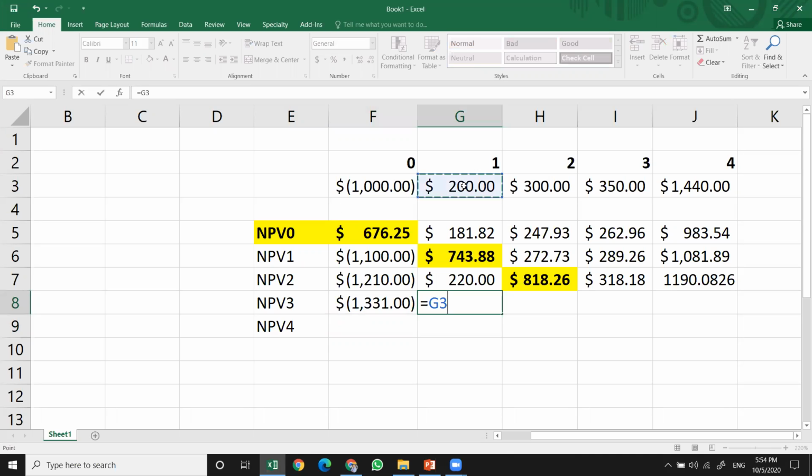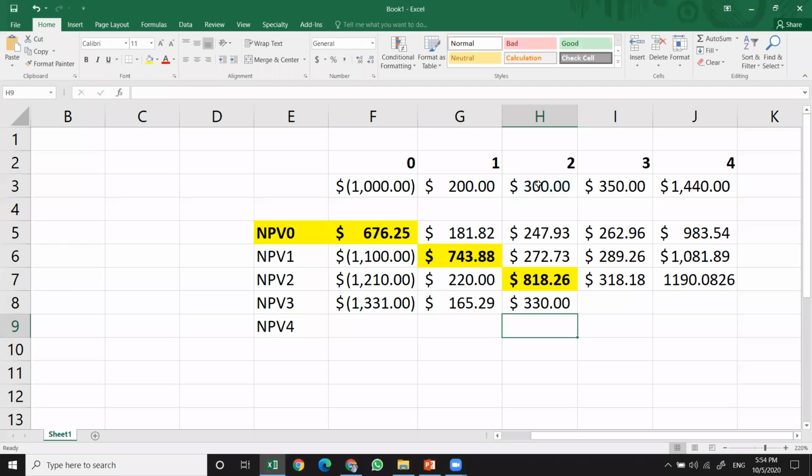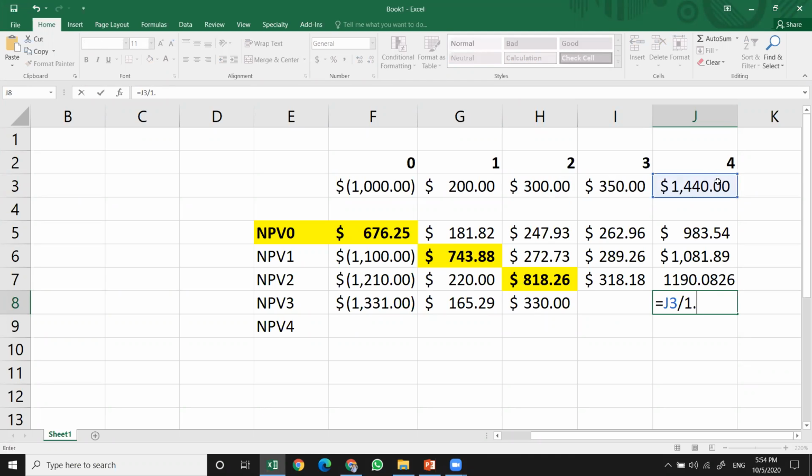And 200 times 1.1 to the power of 2, and 300 times 1.1, and of course we need to bring this 1440 to the year 3, discount it. So this one divided by 1.1, and of course when you sum it all, this plus this plus this plus this and plus this.